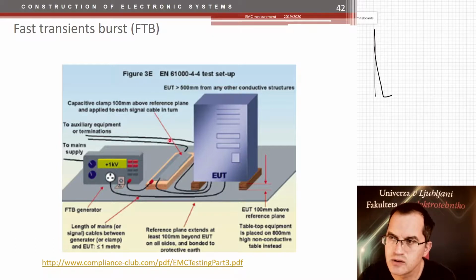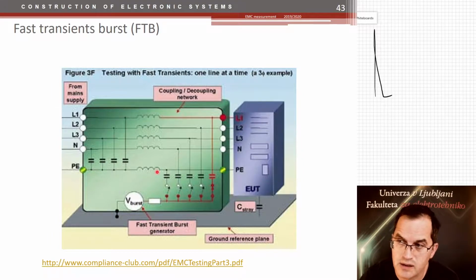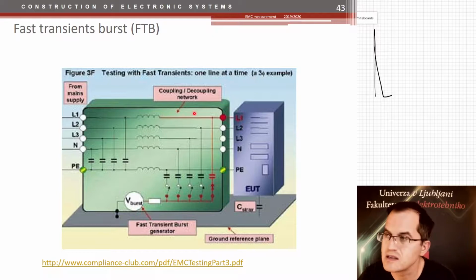Sometimes your noise has to be coupled to the cable via capacitive clamps, which is shown here. Or sometimes it can be coupled directly, like here, when you have direct capacitors coupled to the mains three-phase power lines, and these are then injecting these high voltage pulses, and the device is tested.